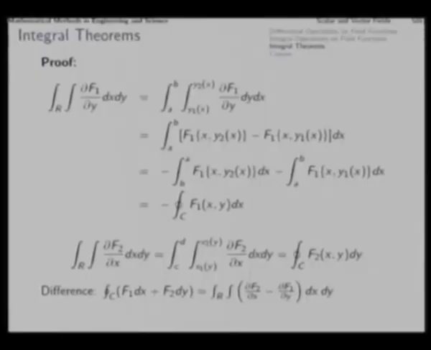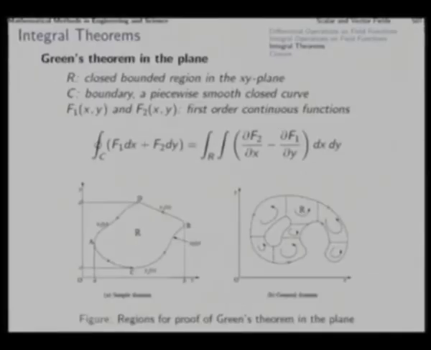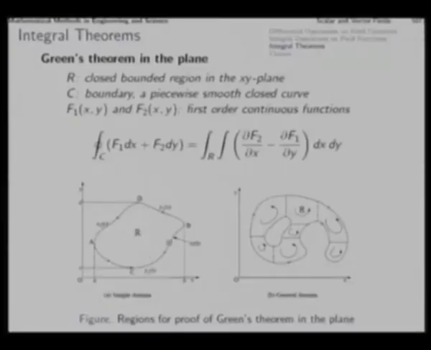Now recall that we consider this entire proof for a simple region. Simple region in the sense, simple domain in the sense that any line parallel to any of the coordinate axes cuts the curve C in at most 2 points. Now if that is not the domain, if the domain is like this, not only general but also multiply connected, there is a hole also, okay, this part is not included in the domain.